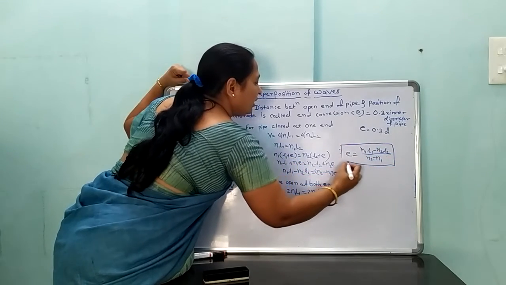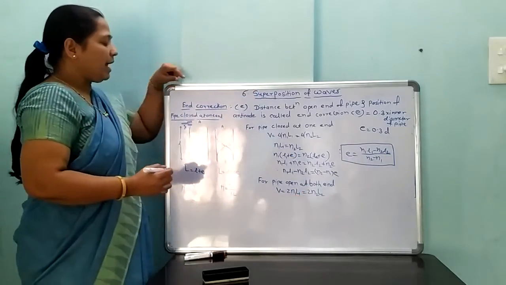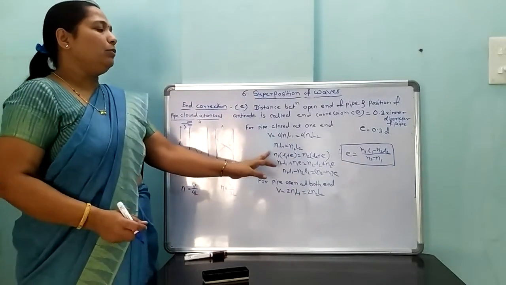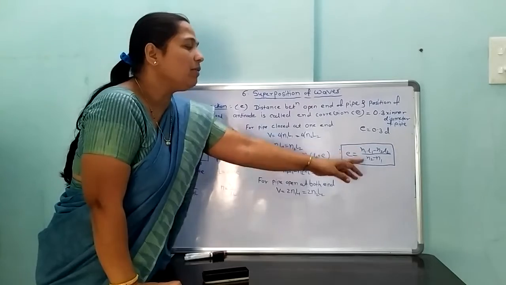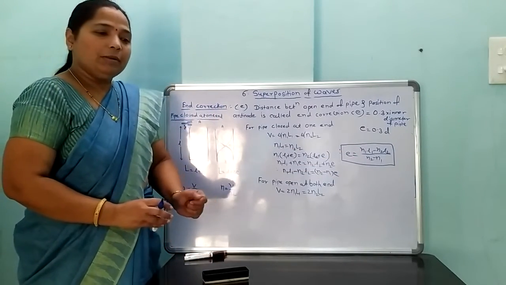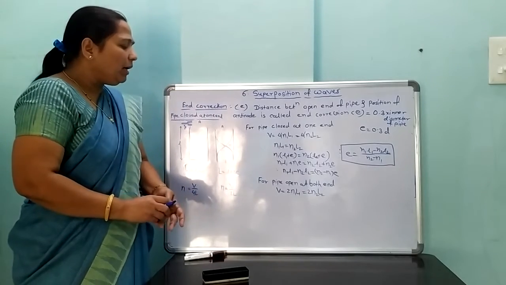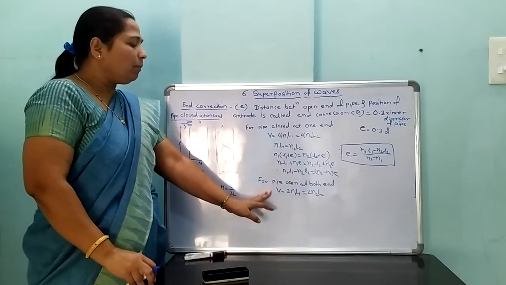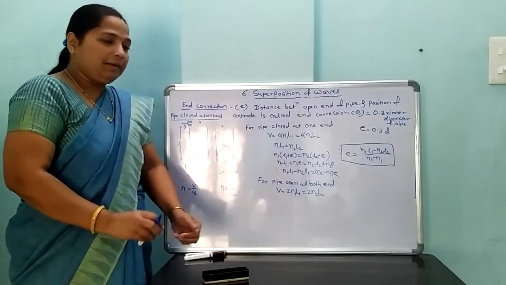The value of the end correction factor for a pipe closed at one end should be calculated using that formula: E is equal to N1L1 minus N2L2 upon N2 minus N1. Similarly, we can calculate the end correction factor for a pipe open at both ends.